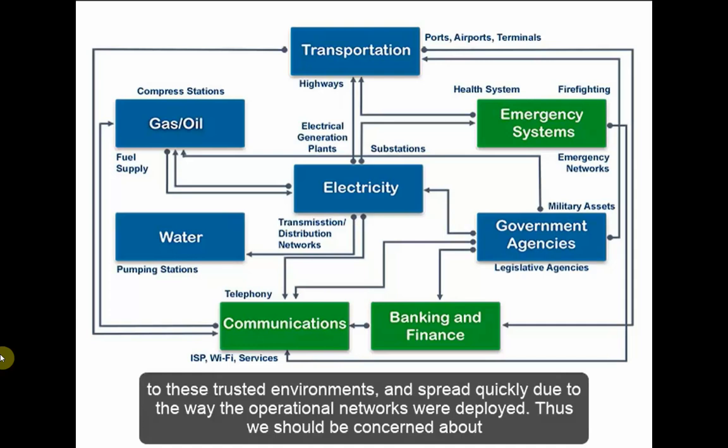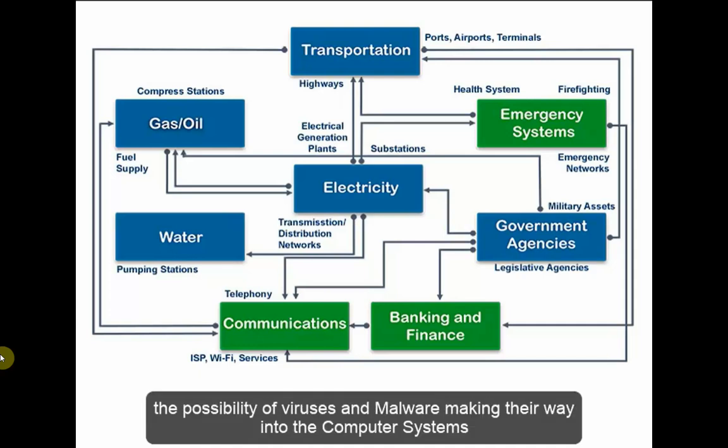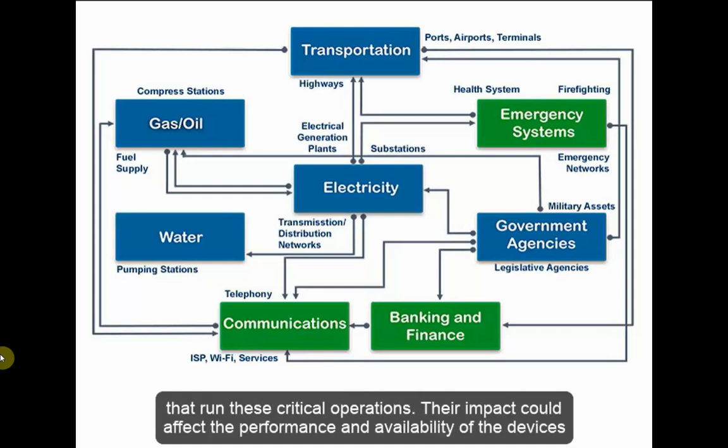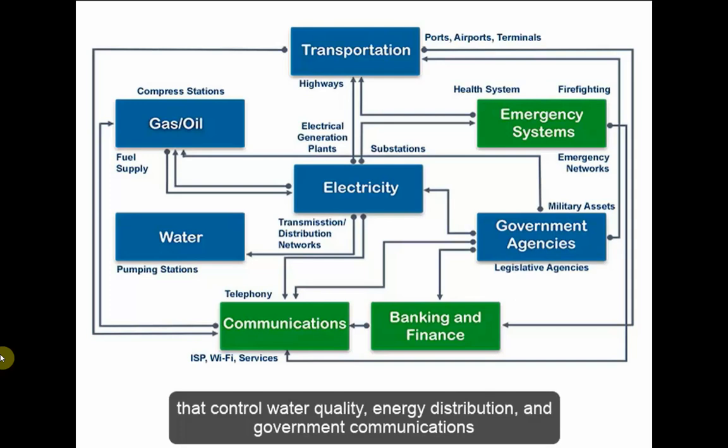Thus, we should be concerned about the possibility of viruses and malware making their way into the computer systems that run these critical operations. Their impact could affect the performance and availability of the devices that control water quality, energy distribution, and government communications.